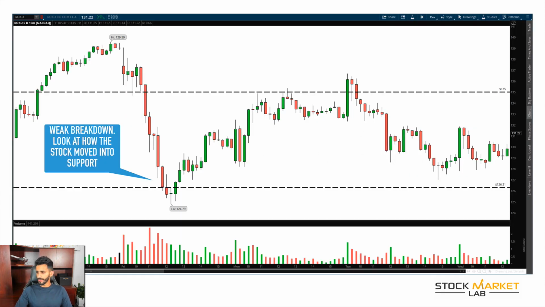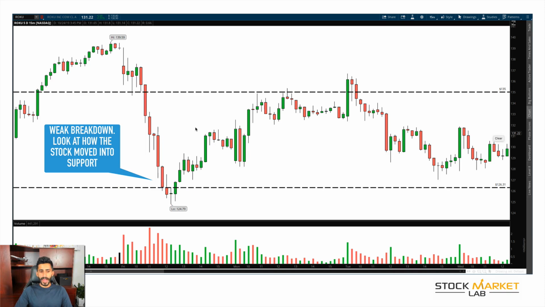Now, if you look at this example right here, what do you see? Support level, stock is going heavy into support. Very heavy into support without any real breaks. I don't like that. If I see something like this and the stock does break, I'd rather wait for a pullback and a continuation.